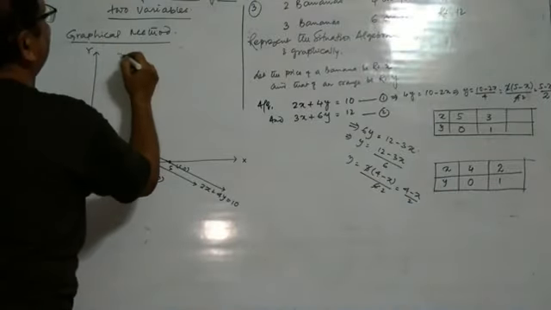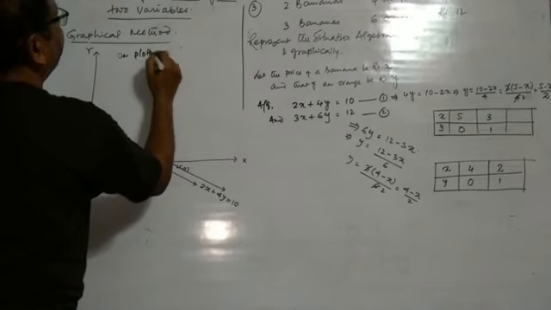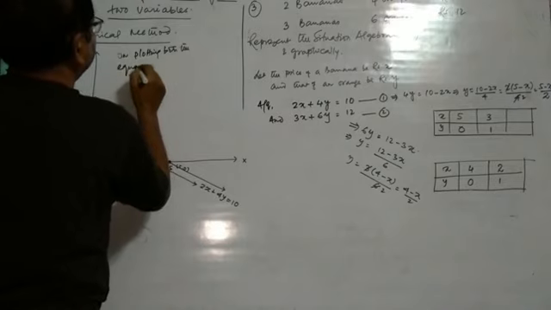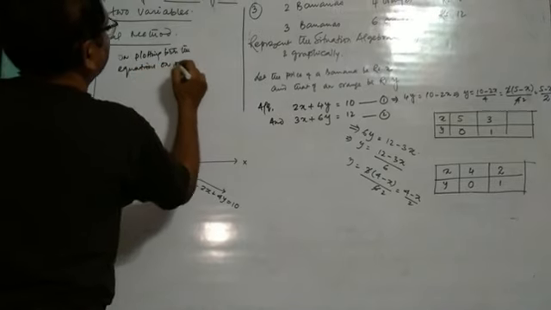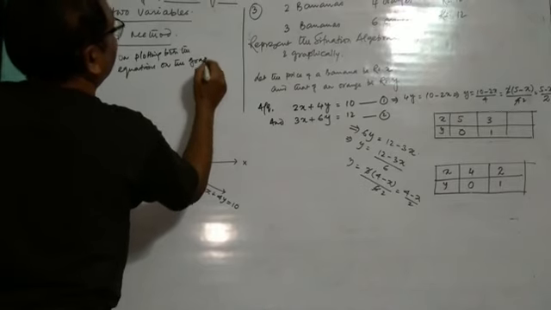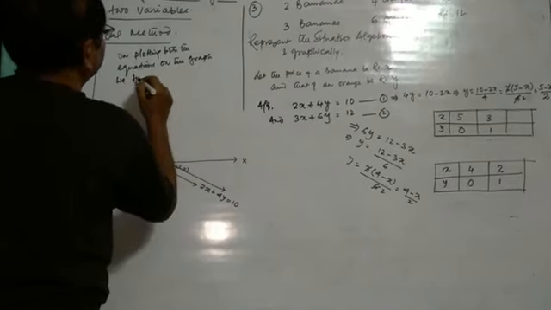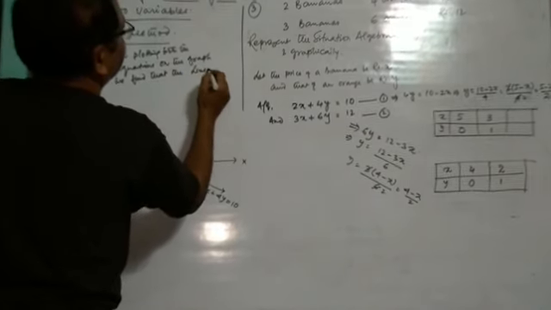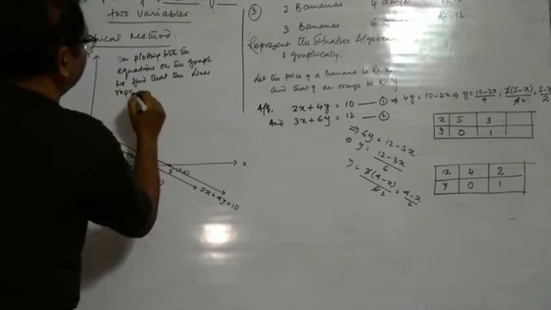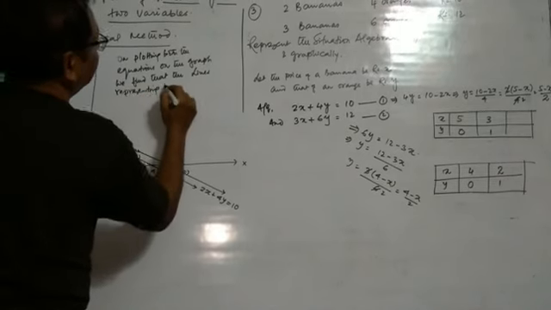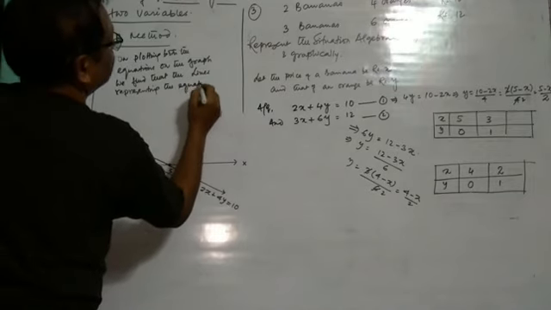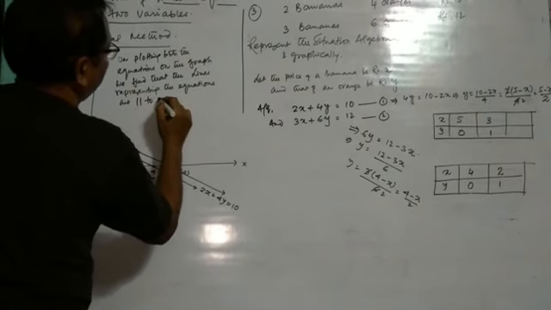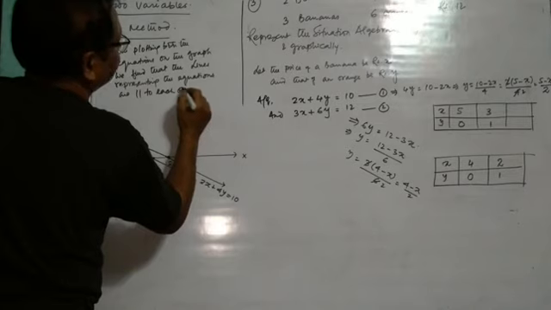So you will write, on plotting both the equations on the graph, we find that the lines representing the equations are parallel to each other.